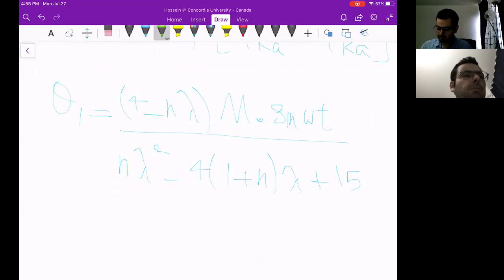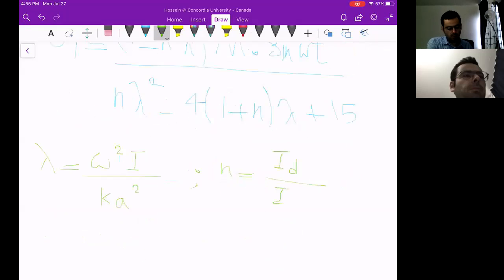For the sake of simplicity, assume lambda is omega squared divided by k a squared, and n is the ratio of the mass moment of inertia of the absorber mass divided by I. We have simplified the answer in terms of lambda and n.